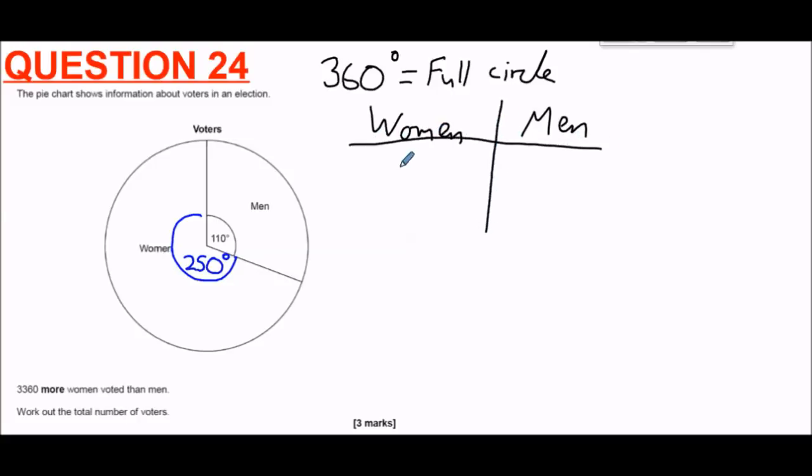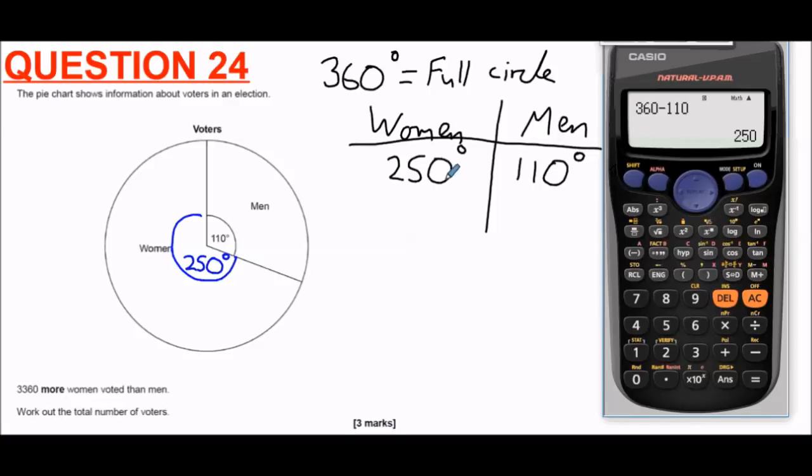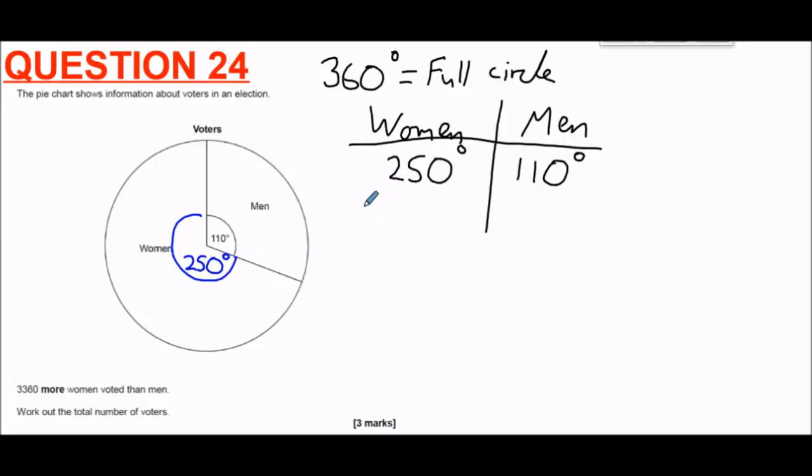So for women, 250 degrees. For men, 110 degrees. So how many more degrees is the women's section compared to the men's? So for women's is 140 degrees more. It's the difference between, so 250 take away 110 tells us the women's sector is 140 degrees more. So that's 140 degrees bigger.